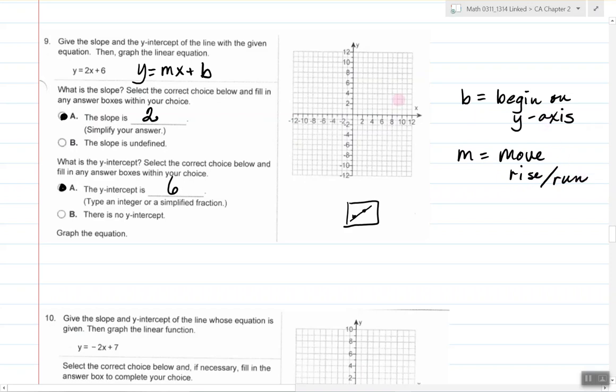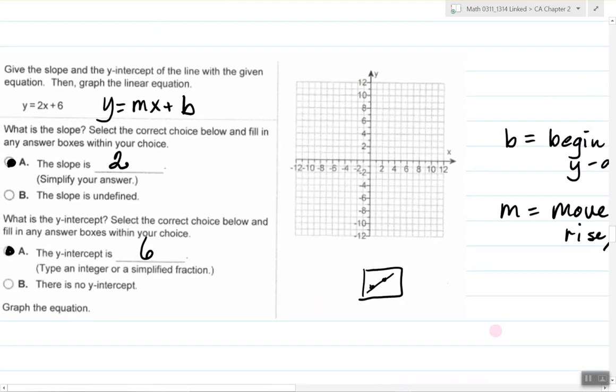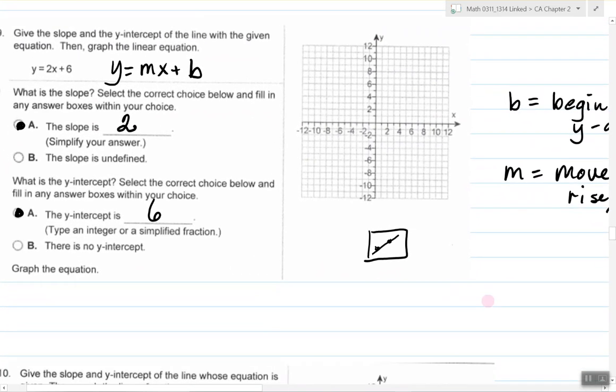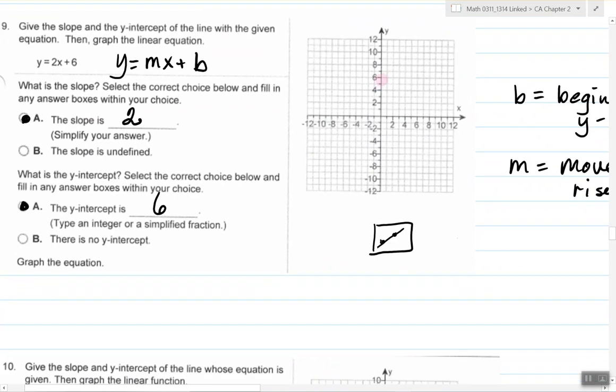point. So let me see if I can enlarge this a little bit. My line will not be perfect. I will begin at 6 on the y-axis. It's so important that you remember that you start on the y-axis. You click this point. You can enlarge your graph if you want to.